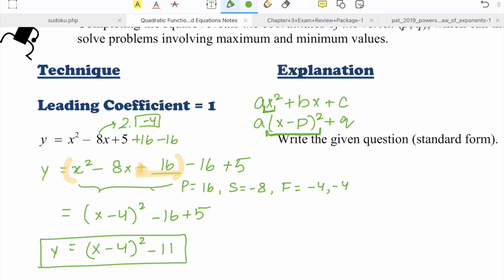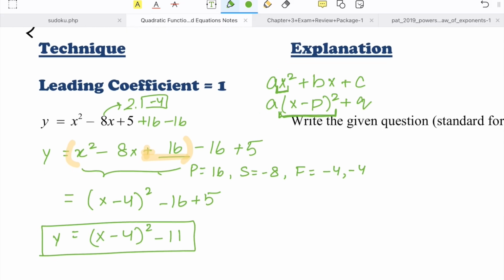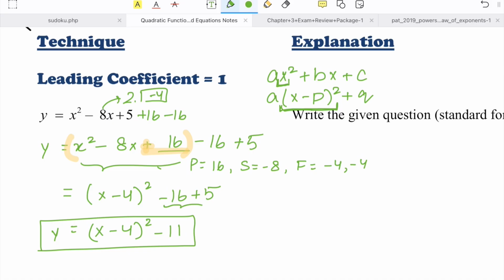Why did you subtract 16 and add 5 at the end? Because they're like terms. The reason why I subtracted 16 is because if I add 16, I have to subtract 16 to still have the same equation. Like, let's say y is equal to 5 apples.